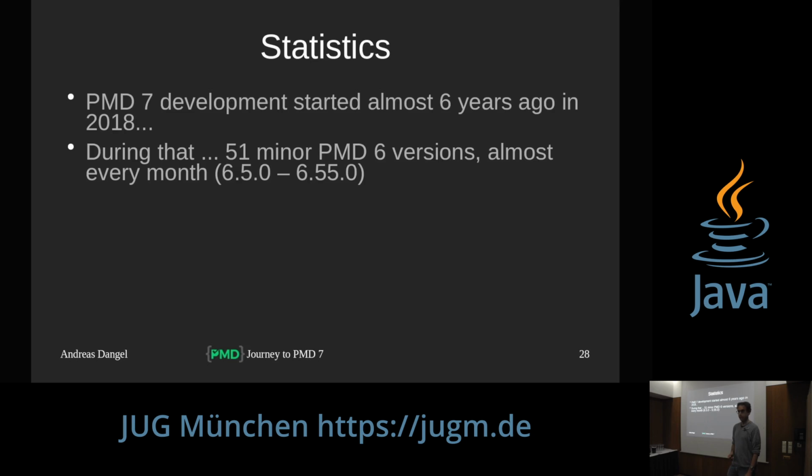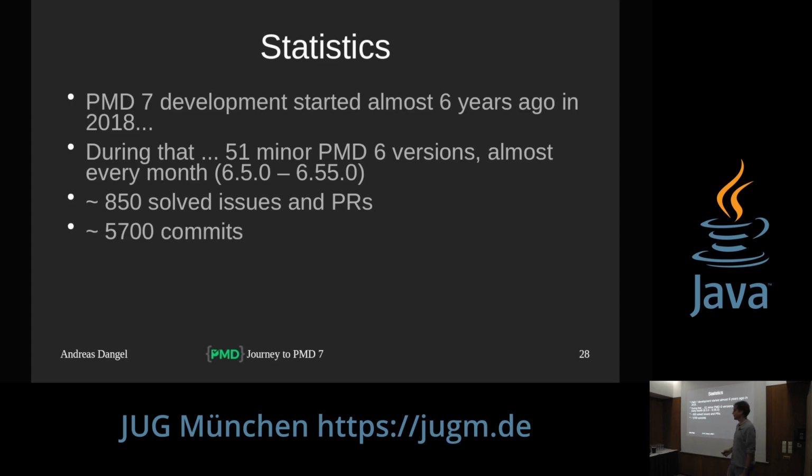We have lots of issues and pull requests that went into PMD 7, and a lot of commits, as you can see, and I also looked these up with some git log queries. So these are actually only 46 commit authors. But at least it's not only the maintainers.